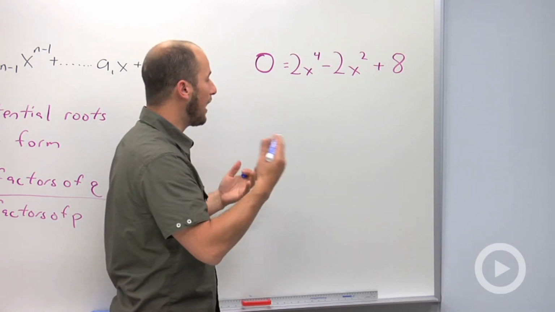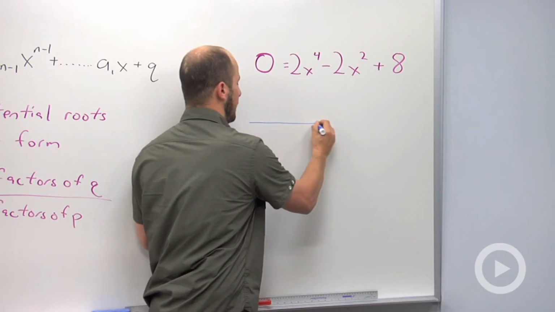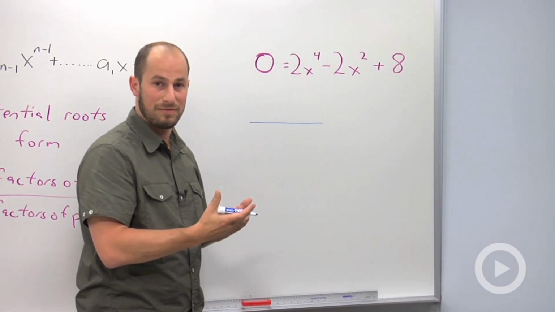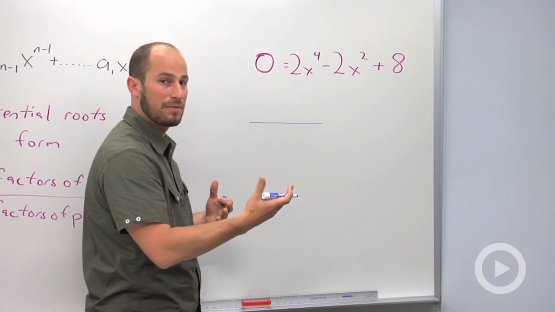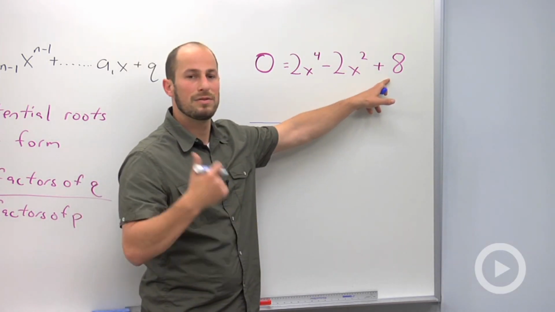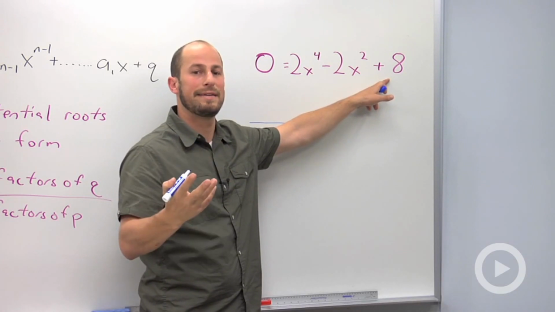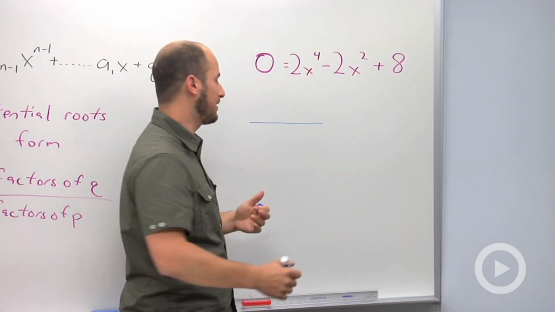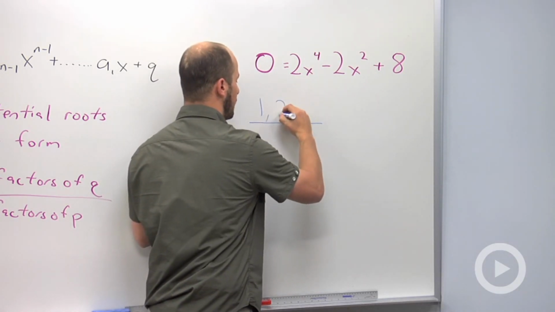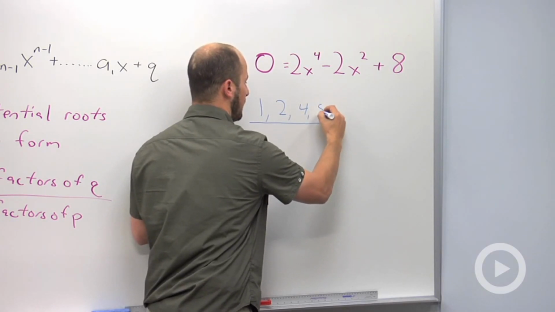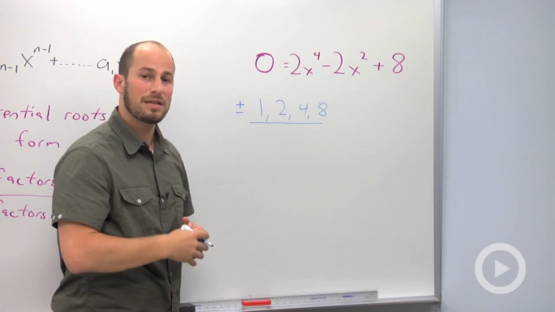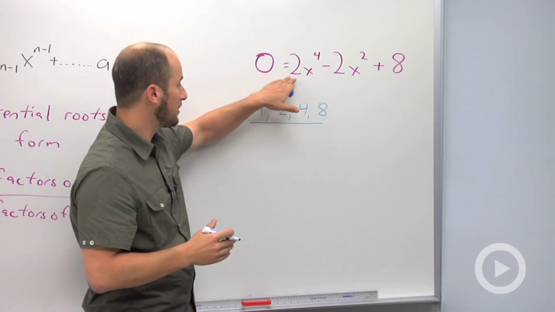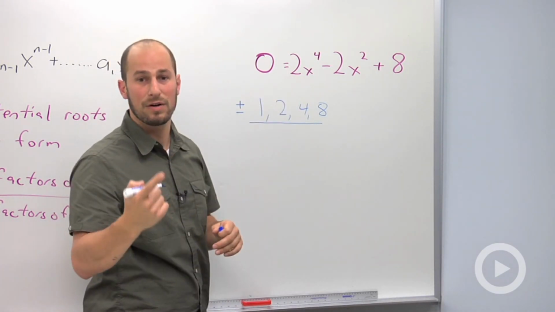Okay, so how I write this out is I just draw a giant fraction line, and then think about all the factors of the last term, factors of q. Okay, 1, 2, 4, and 8. That's the only thing that goes into 8. So this is going to be 1, 2, 4, and 8, plus and minus, over factors of the first term. In this case, our first term is just 2, so the only factors we have are 1 and 2.